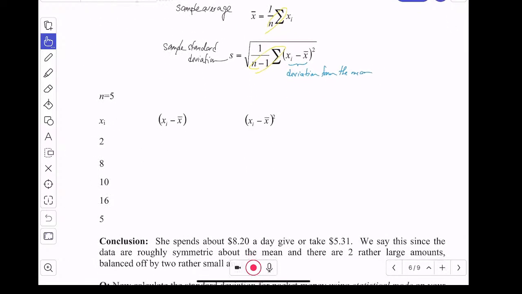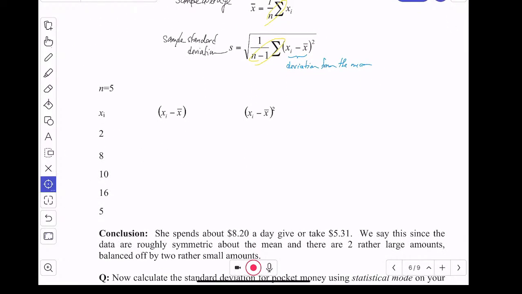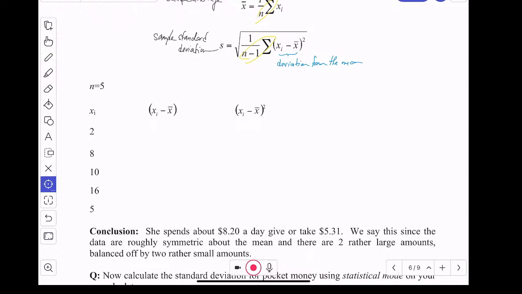So here's an example. This is how much money a student has in their pocket during a week, and we'll use it as our sample. We want to estimate how much change an individual might have to spend in the cafeteria for snacks. So Monday, the person has $2, Tuesday $8, Wednesday $10, Thursday $16, and Friday $5.